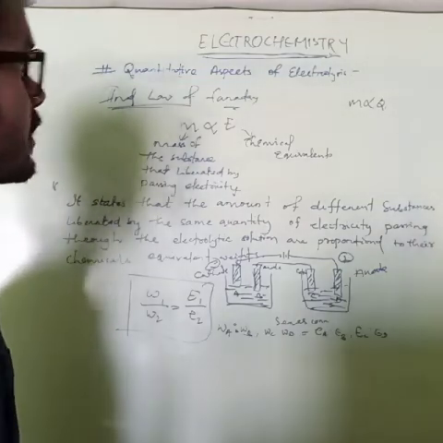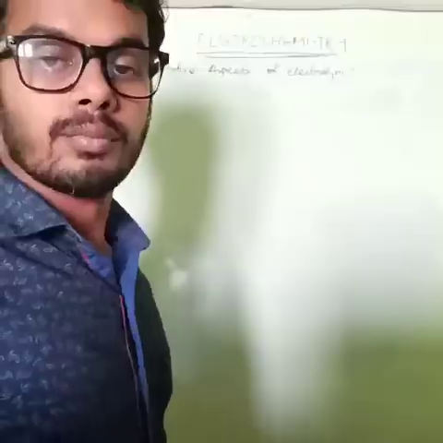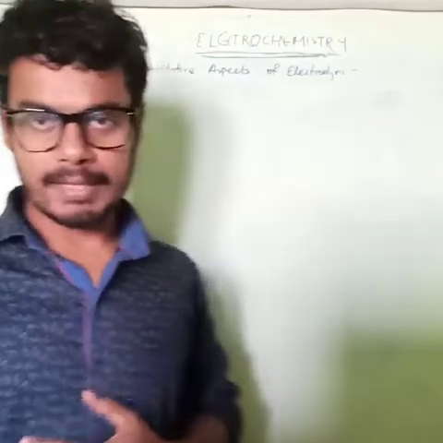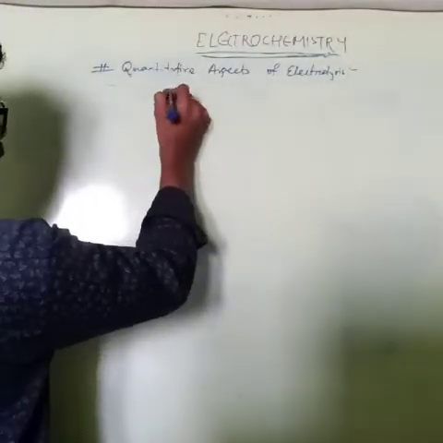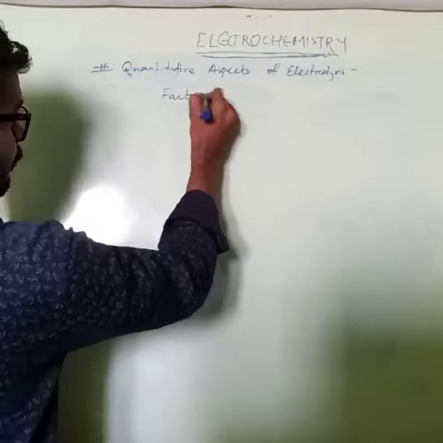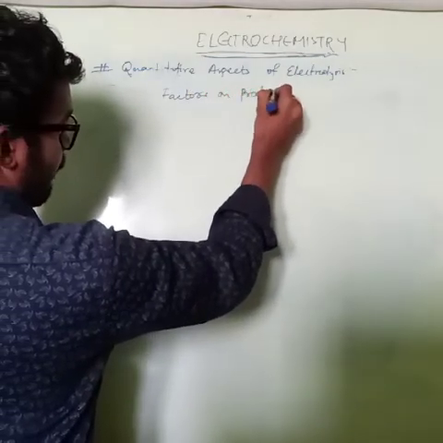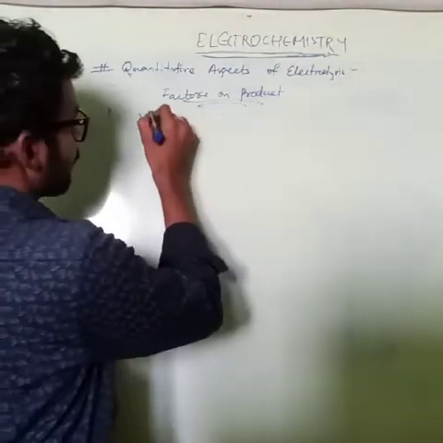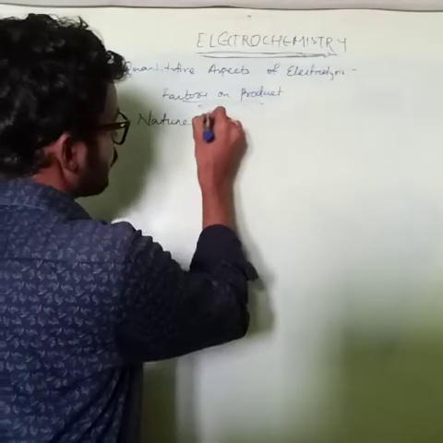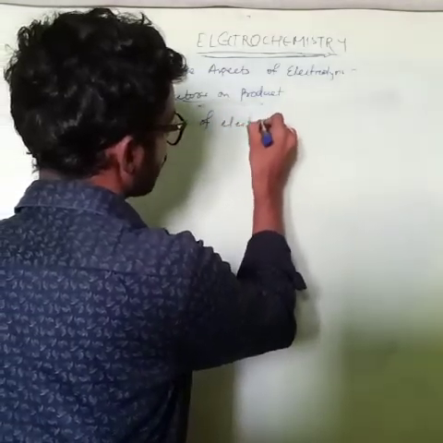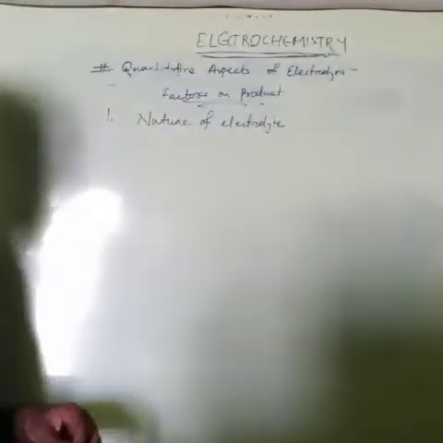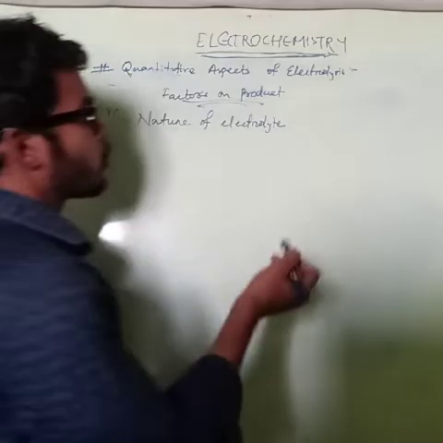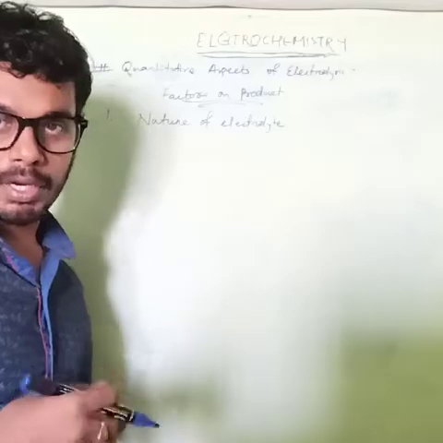So next we will see the factors on which the products of electrolysis depend. So first is the nature of electrolyte. What type of electrolyte is that? Strong electrolyte, weak electrolyte, how it will dissociate.